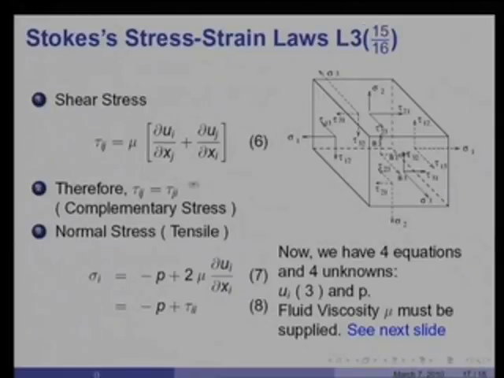So the 6 stresses which were unknown are now reduced to 3 unknowns due to complementarity, and they are now reduced to the velocity components if you know the value of viscosity. Normal stresses which are tensile are written as minus p plus 2 mu du_i/dx_i, minus p because pressure is always compressive, and using Stokes notation, 2 mu du_i/dx_i is nothing but tau ii, where i is equal to j.